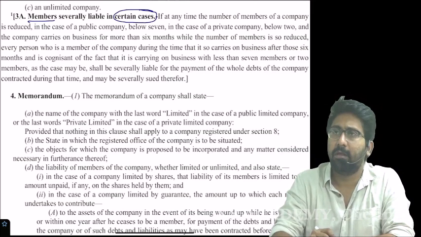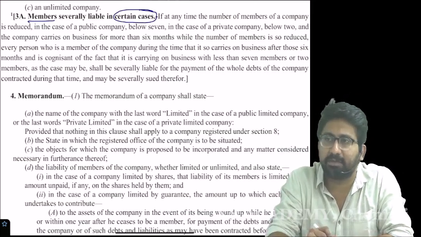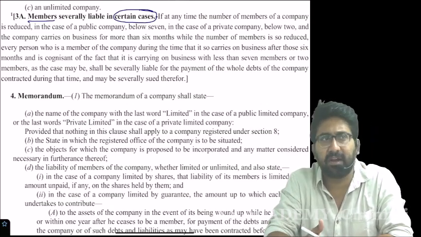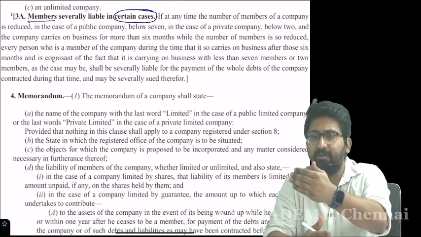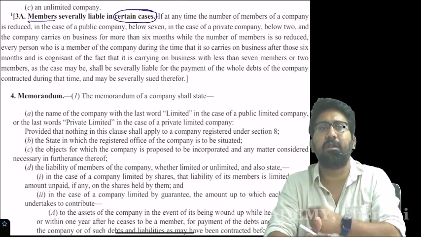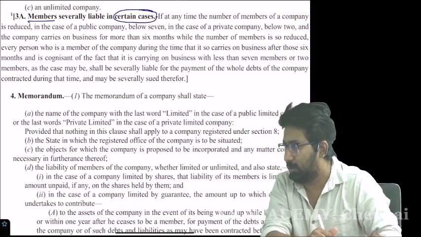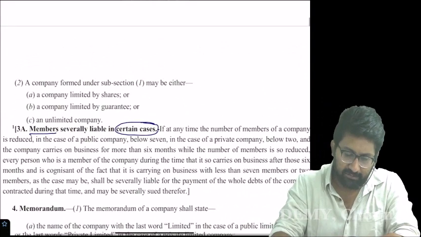Number of members in a public company must be 7. Private company, 2. If the number falls below the statutory requirement of 7 and 2, what will happen is the question.